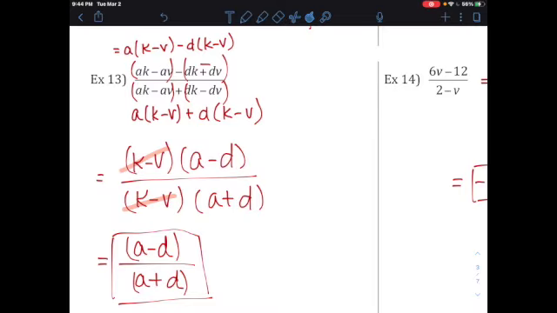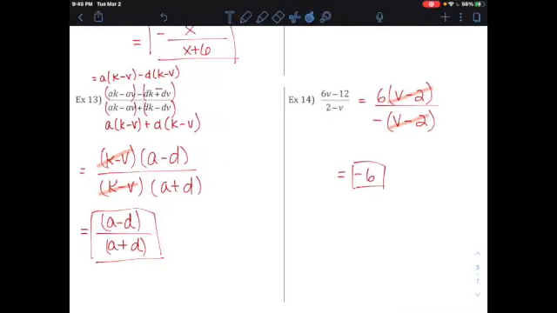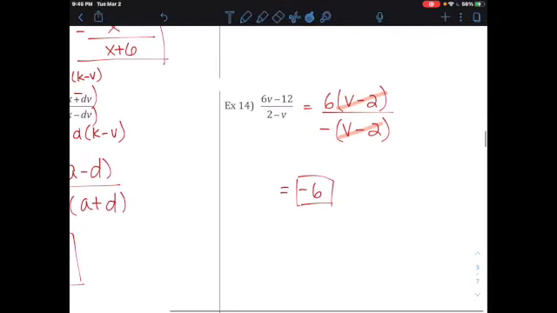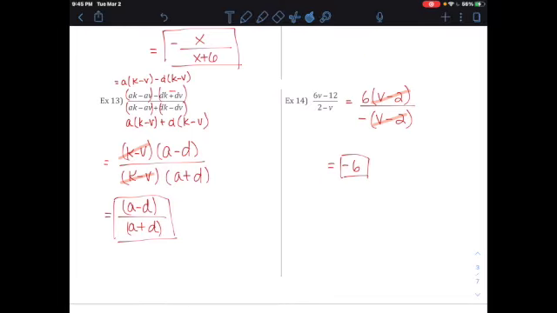So once you group it correctly, you can cancel, and the answer is A minus D over A plus D. The next one is again practicing the sign change. If you pull out the 6 on top, you have V minus 2. If you pull out the bottom, you notice that's a V minus 2, but in opposite position. So I just write it with the negative sign. And once I cancel V minus 2, the answer is negative 6.